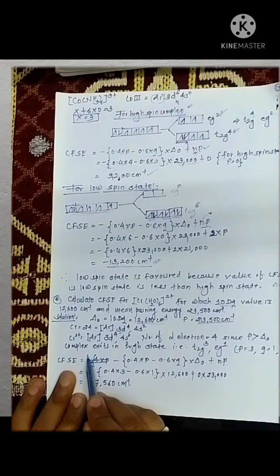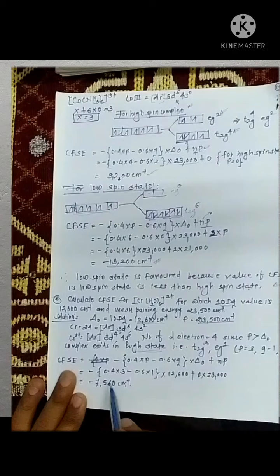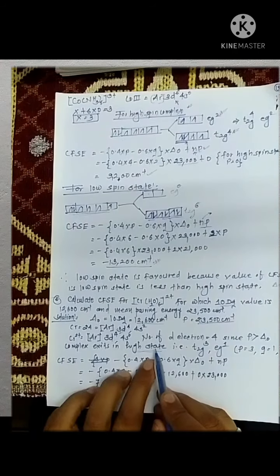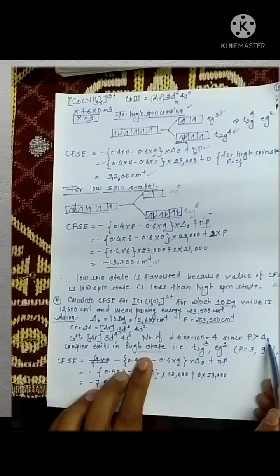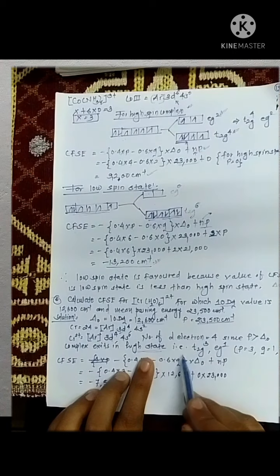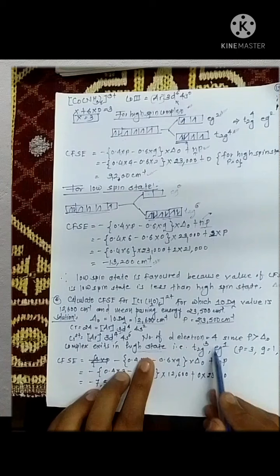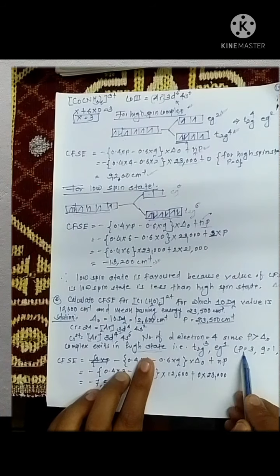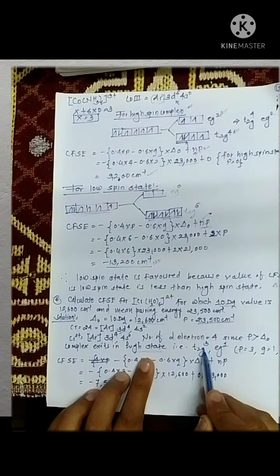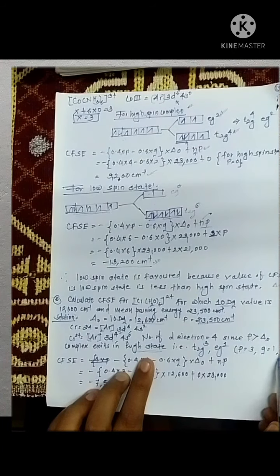So it simply means that the complex is present in the high spin state, not in the low spin state. So the electronic configuration after splitting can be written as T2g3 Eg1. So P, the number of electrons in the T2g orbital, is 3, Q is 1 and N is 0.